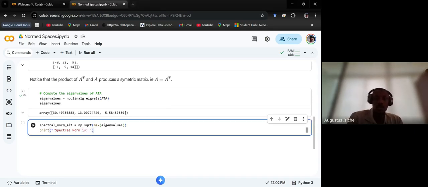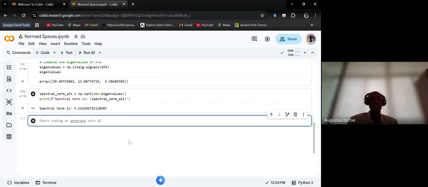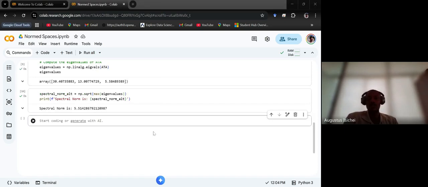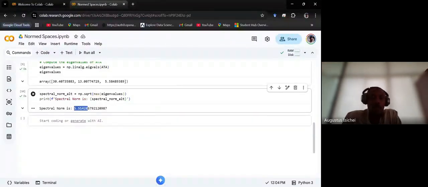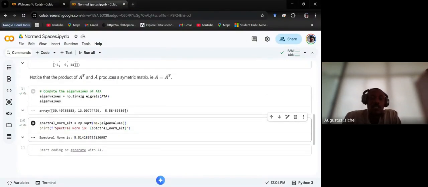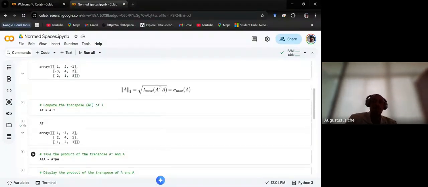Enter. Guys, so this is the spectral norm. The spectral norm of the matrix is equal to 5.514.